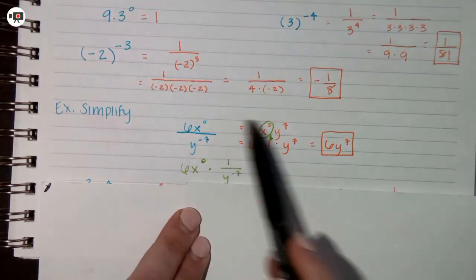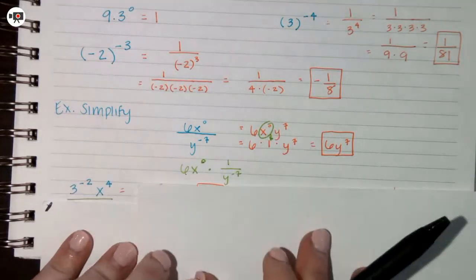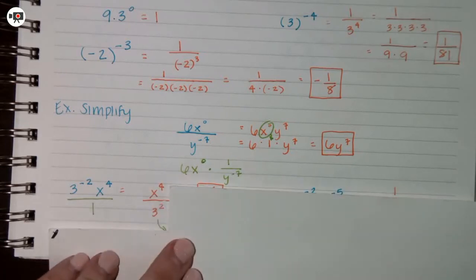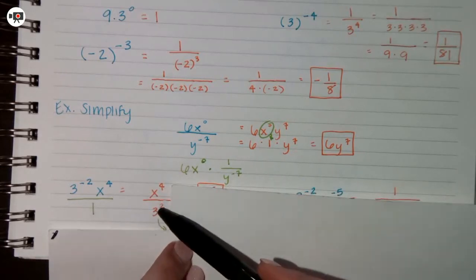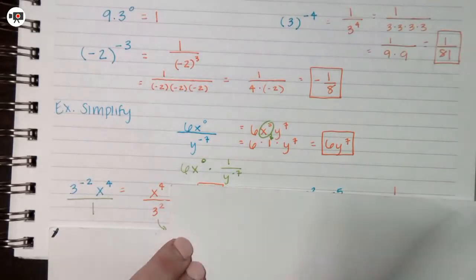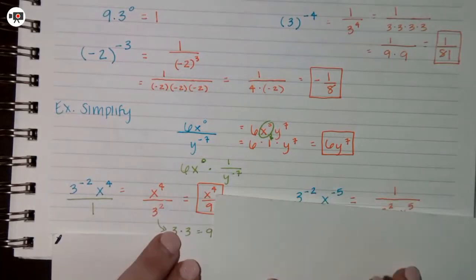Here's the work on how I brought it up here. If I have 3 to the negative 2 times x to the 4th, I'm going to move my 3 squared to the denominator. X to the 4th stays on top, because its positive exponent stays.